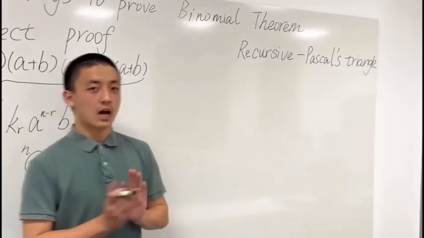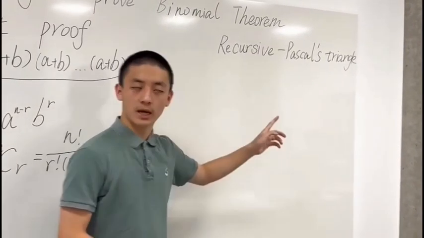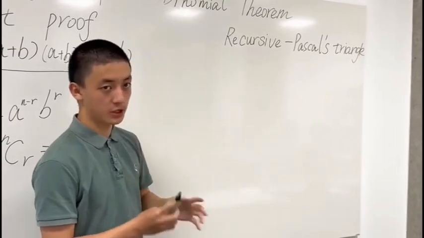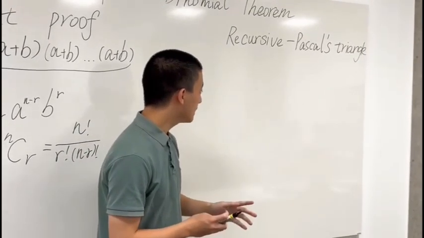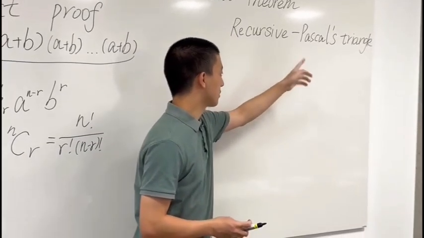So for the last part, I will introduce a recursive way to prove the coefficient of binomial expansion, which is also related to a prime property of Pascal's triangle.